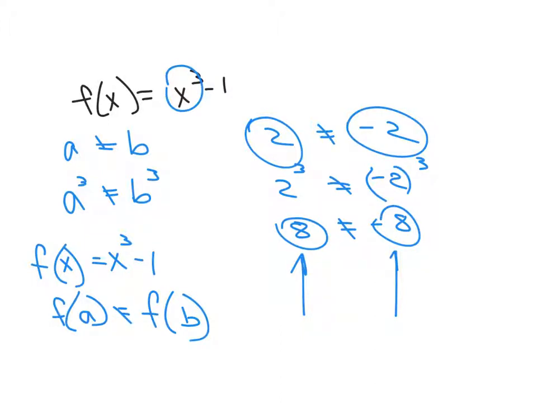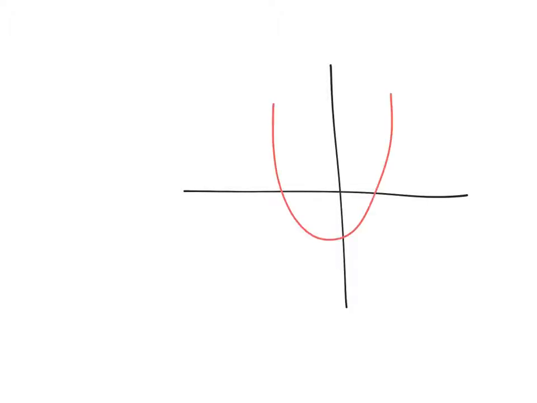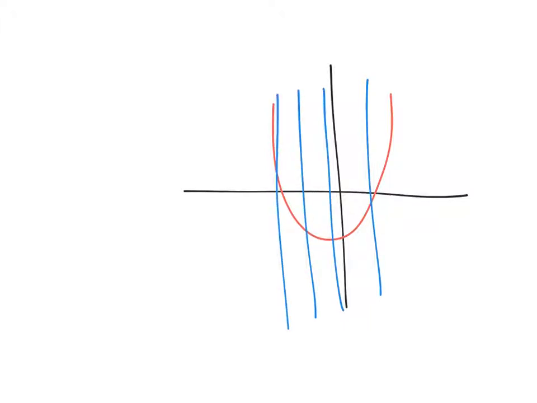Remember what we were doing a while back. In order to find out if a function was actually a function, we would do what was called the vertical line test. If it did not cross at more than one point, then it was a function and everything was great.